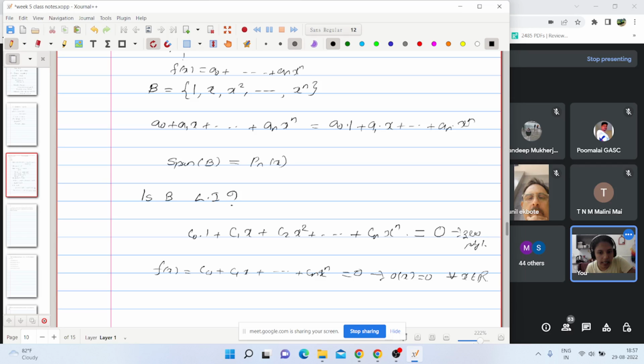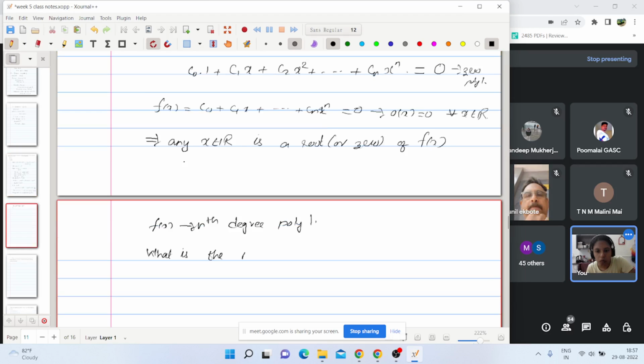So any x in R is a solution of f of x. But what is this f of x? It is an nth degree polynomial, with maximum degree n. By the fundamental theorem, f can have at most n zeros, but what we are saying is that every x is a zero.